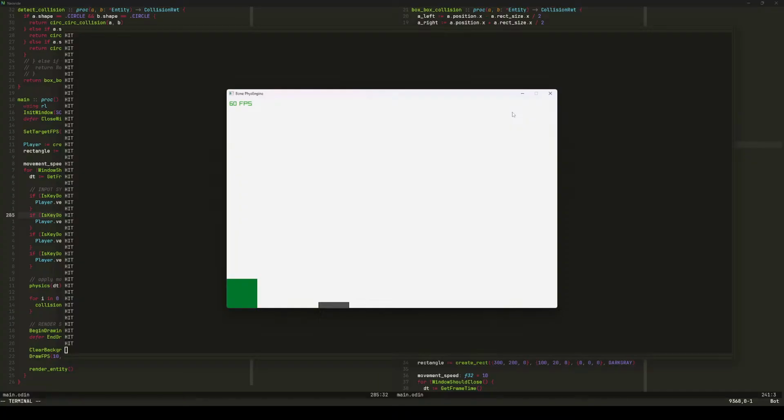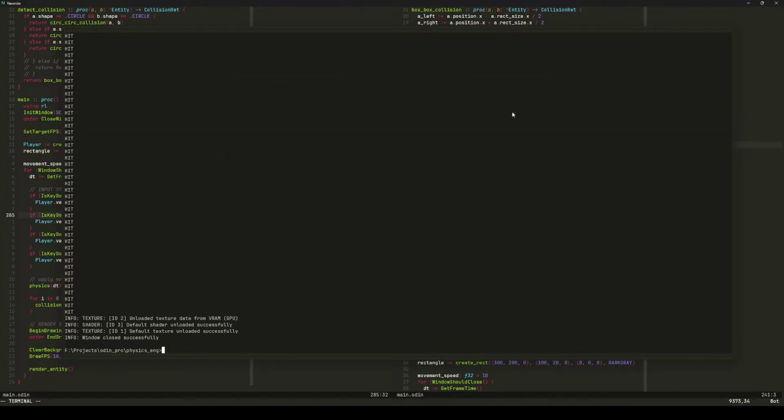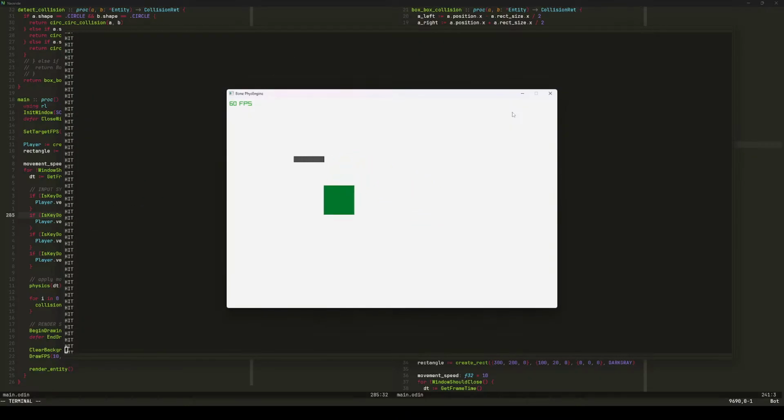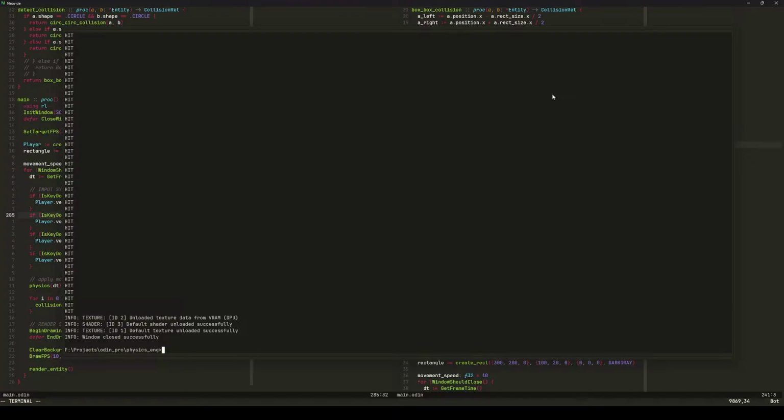Oh. Also, the height is weird. Finally, some progress. Progress is good.